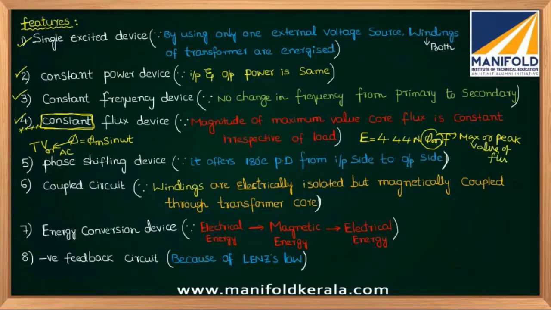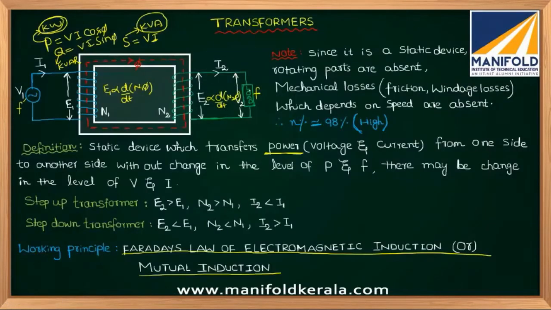So why I'm using this word constant: throughout operation, irrespective of load, it may be no load, light load, or half load, whatever, we maintain the magnitude of the maximum value of core flux.